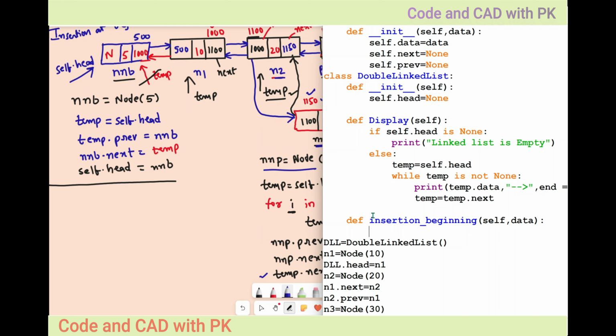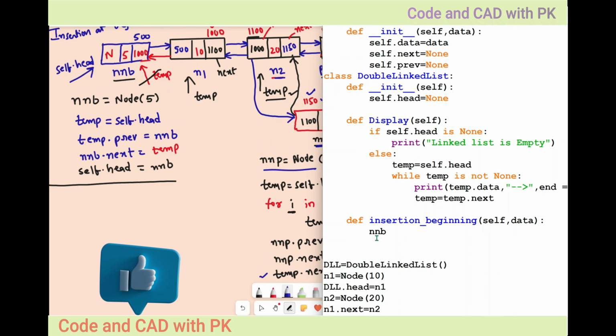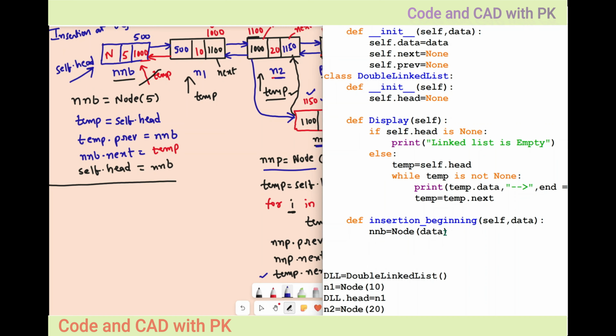Simply see here, nnb is equal to node of data. I will pass the data while calling this function. Next step, temp is equal to self dot head.